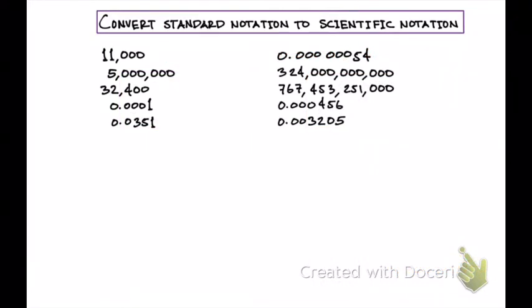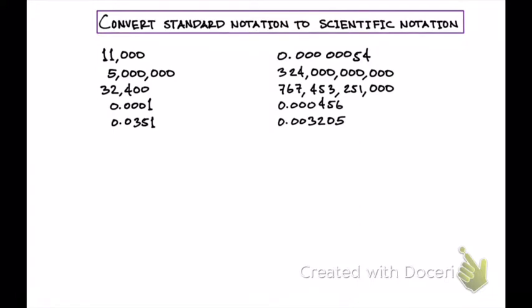Let's look at a few more examples here and convert standard notation to scientific notation. Again, you can pause this video if you want to give them a shot. So the first one here on the left is 11,000. How would you convert this to scientific notation? So again, scientific notation requires a coefficient. Our coefficient in this case would be 1.1.